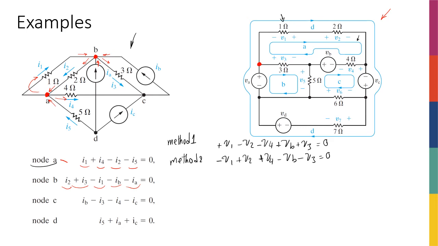Okay, so the point that we can take from this example is that it doesn't matter which way you write it, you're going to get to the right solution anyway. The one I'm going to use for the entire course is the first one. The reason is that it's more intuitive to me. When I get to a voltage source, I know that the job of a voltage source is to provide extra potential to my circuit.